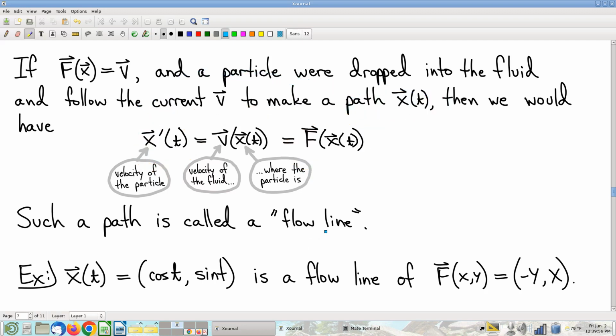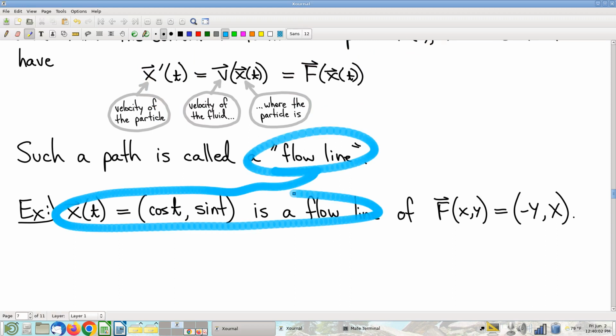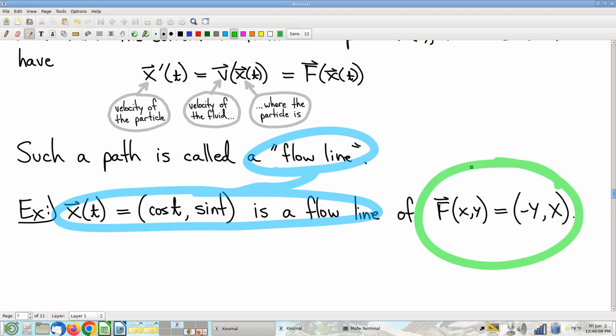Okay. What we can do, though, is confirm a flow line. So we have an assertion here that this is a flow line for this fluid flow.